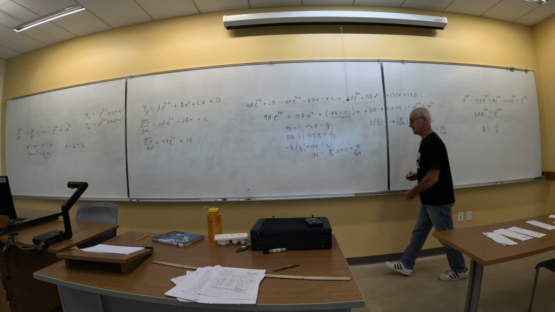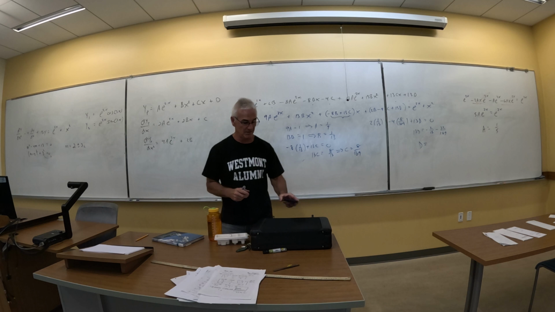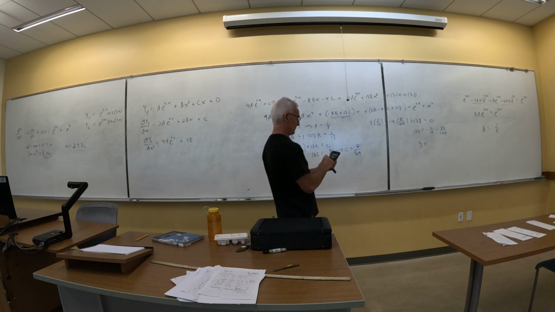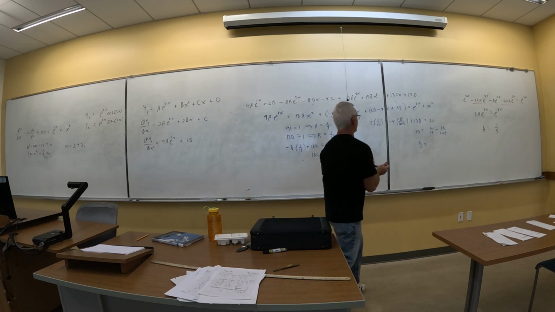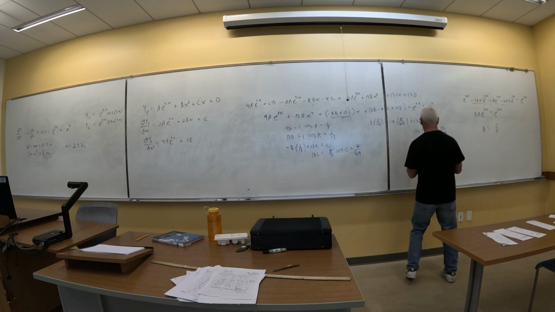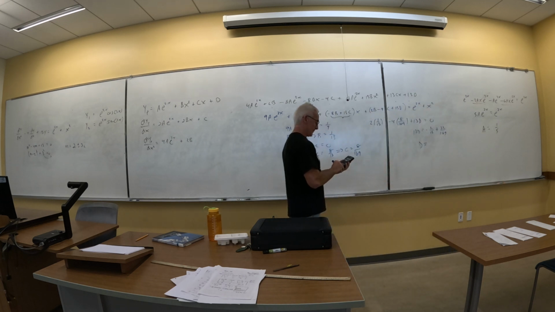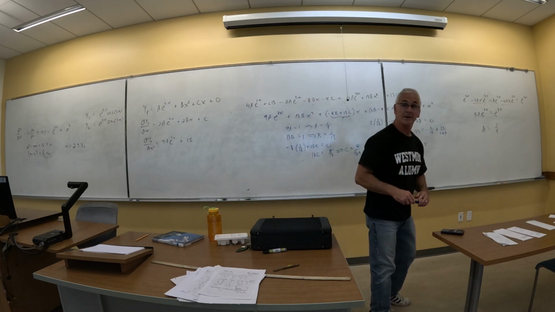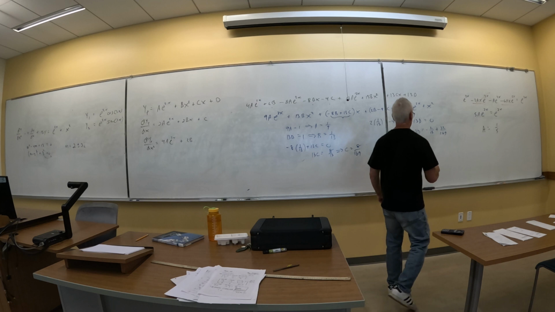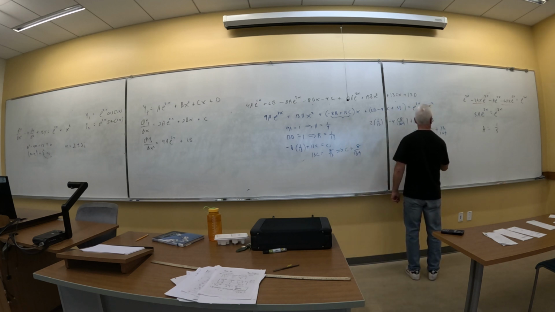That should be plus. So that's a plus. That matters. So d equals, and I'm going to use my fraction, 6 over 2197.